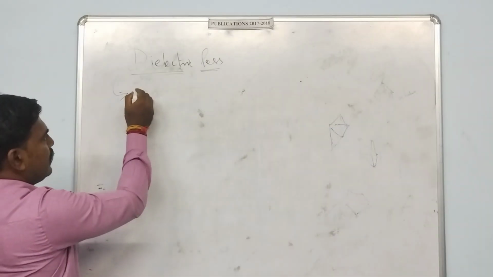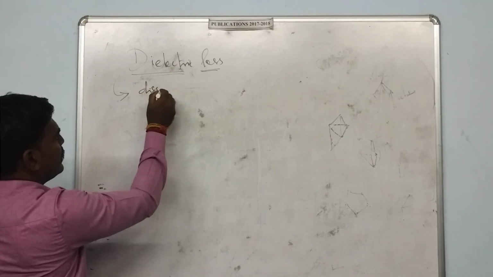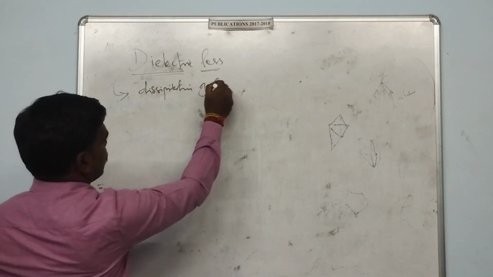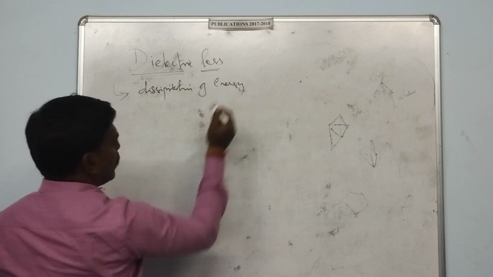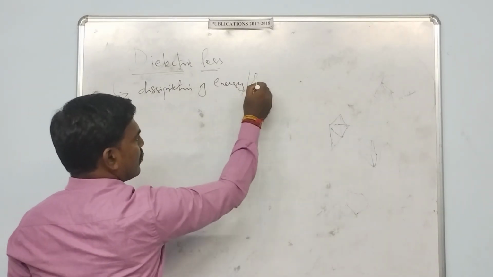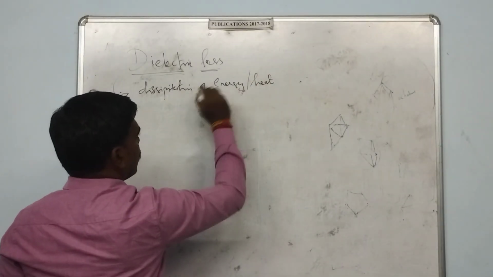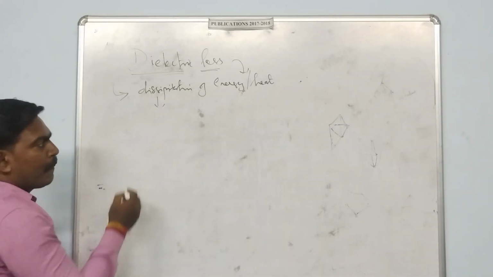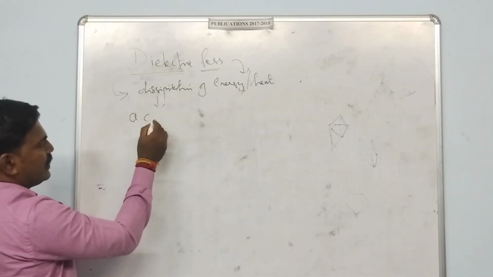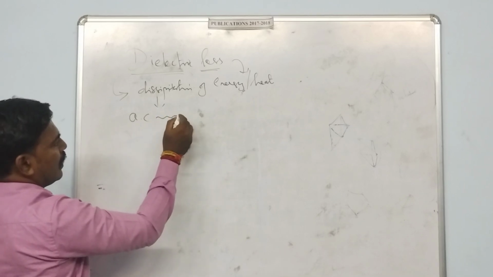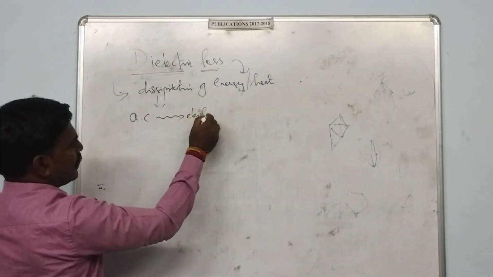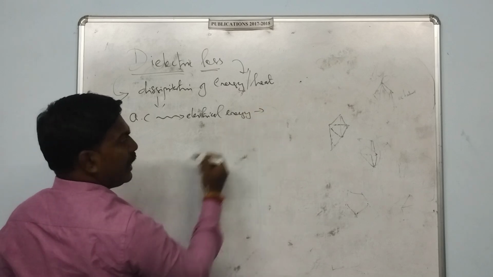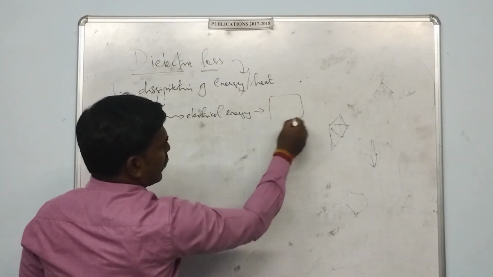Dielectric loss means dissipation of energy in the form of heat, when we apply AC voltage or electrical energy to the dielectric material.